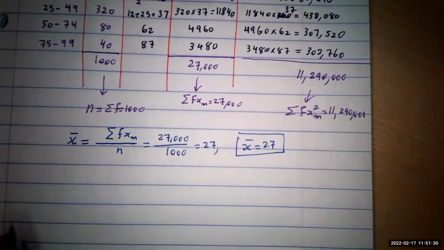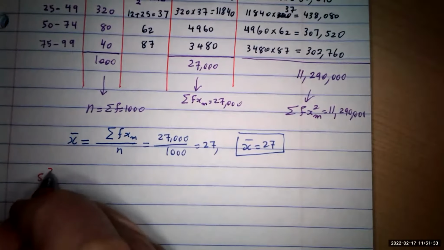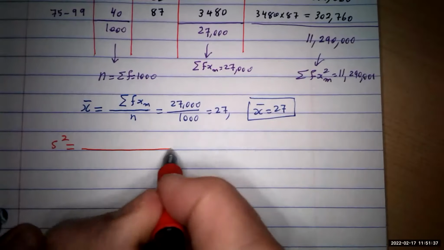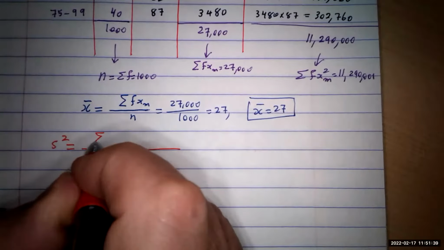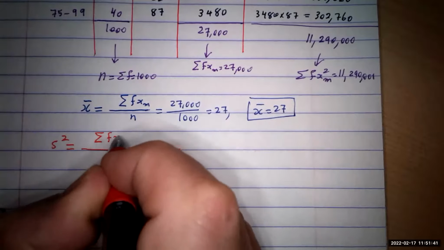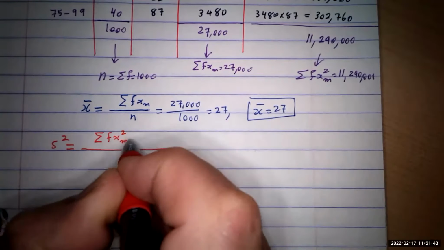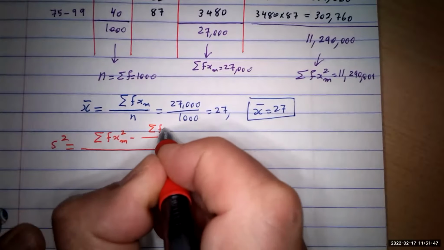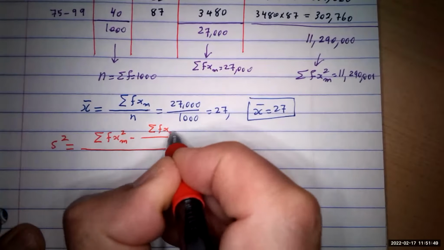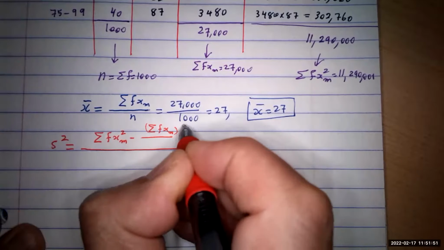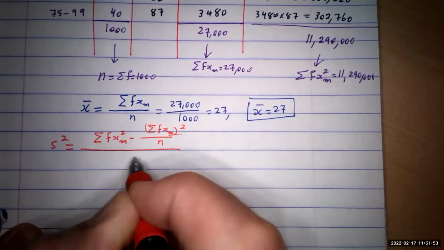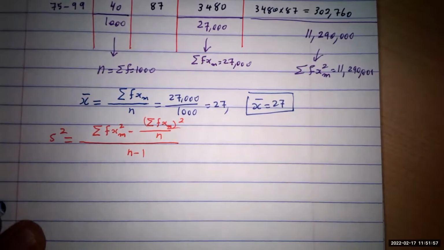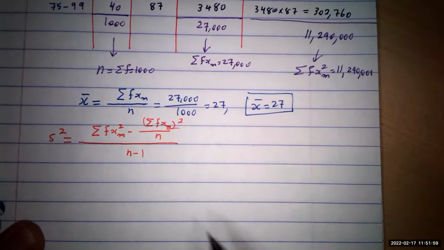Then we go for the s squared, the variance. Let me remind you of the computing formula: sigma of fx squared minus sigma of f times x m, all squared, divided by n, all divided by n minus 1. Again, of course, you bring all the formulas that you need.